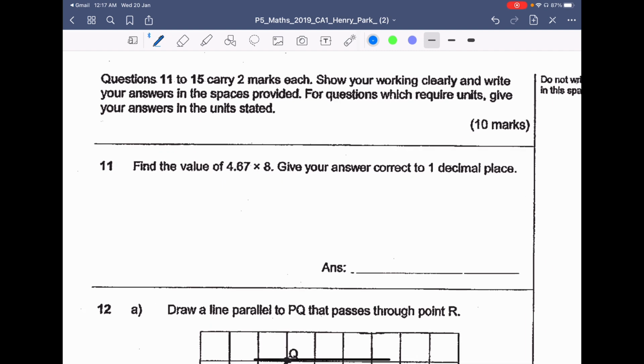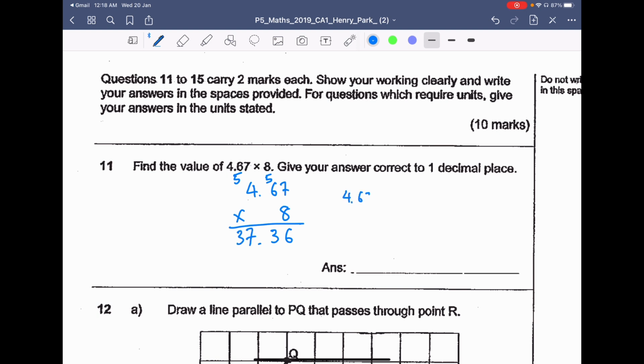Find the value of 4.67 times 8, correct to one decimal place. So do your normal multiplication. 7 times 8 is 56. Sorry, 6 times 8 is 48, plus a 5 at the top, it gives you 53. 8 times 4 is 32, plus 5 is 37.